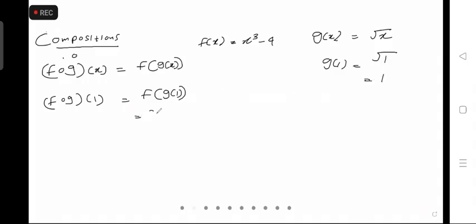Now you know the answer. That g1 means 1.